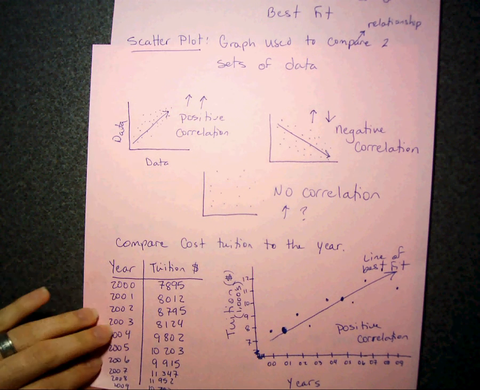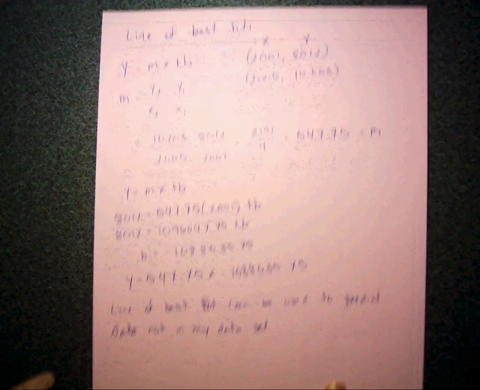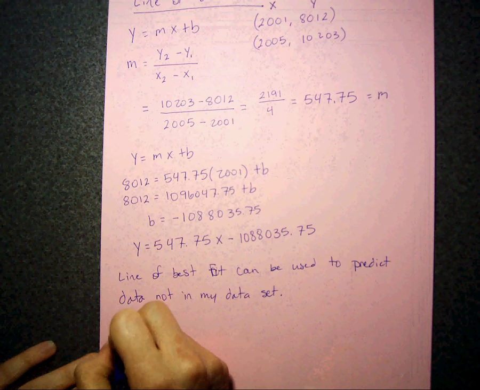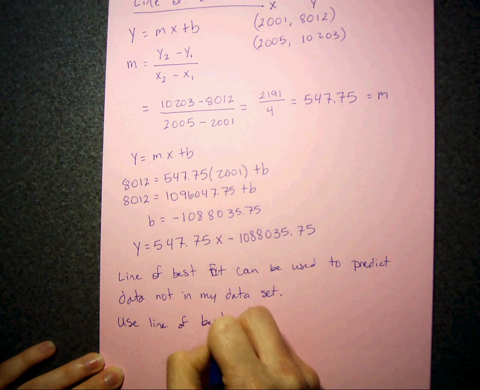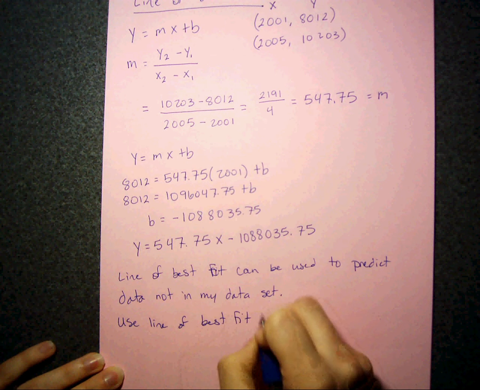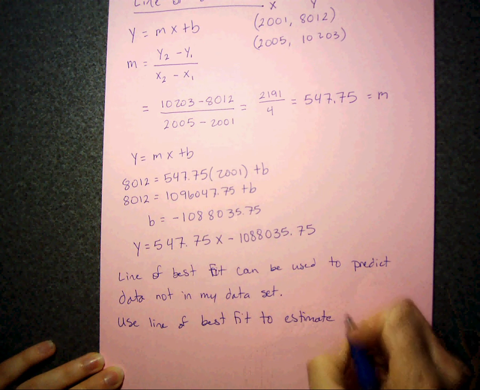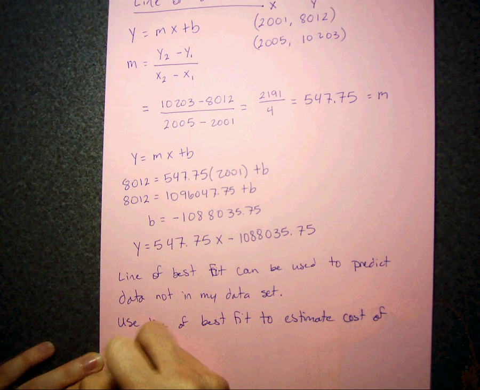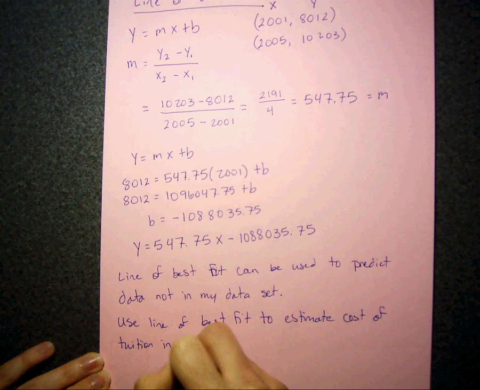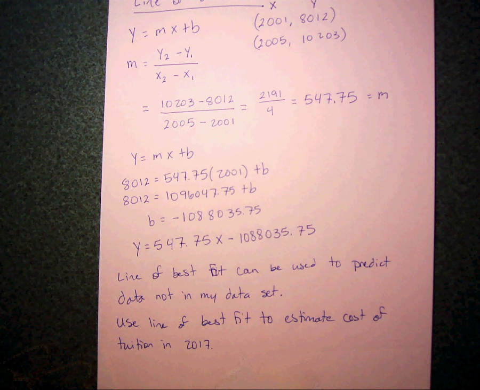So I'm going to use my line of best fit to estimate the cost of tuition in 2017. And so if you recall, my years were on my x-axis, so 2017 is the next value.